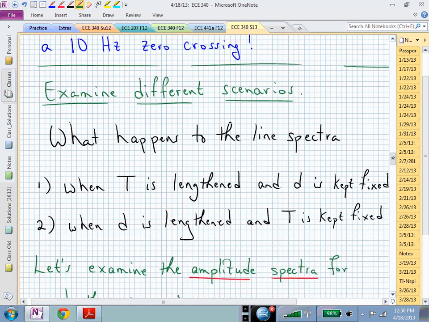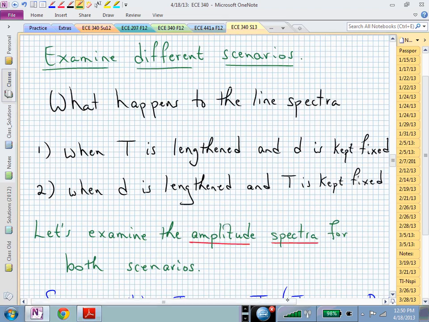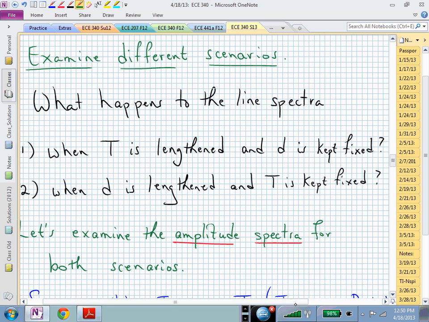Let's look at these two scenarios. Now that we have this expression, capital D sub n, for this pulse train, we could change little d and capital T. The first case, we want to lengthen T and keep the pulse width constant.